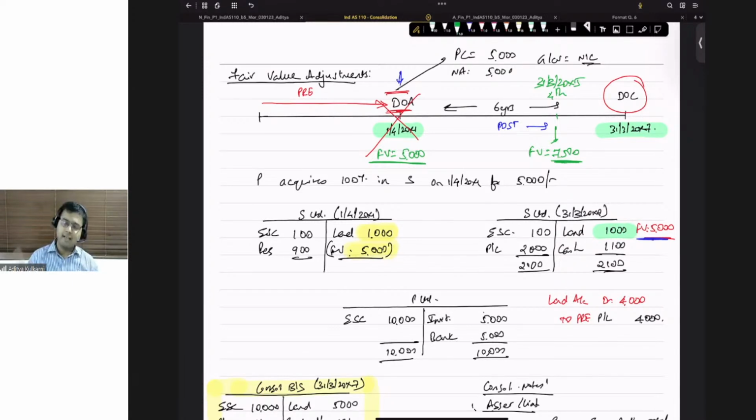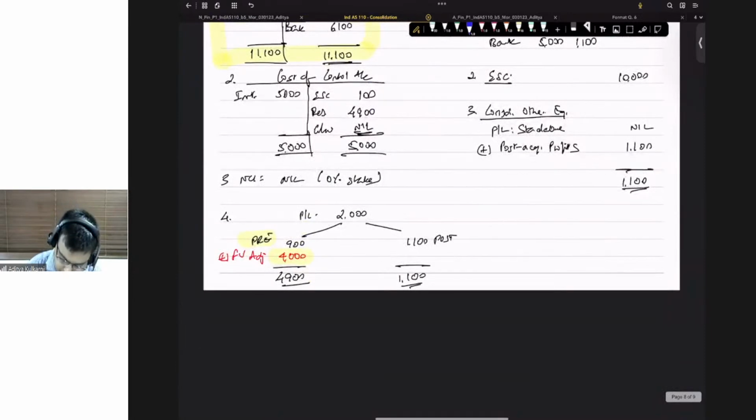Acha, suppose I have a revaluation model in place. How do I do the accounting for this 5,000 to 7,500? You will only give me the answer. This movement from 5,000 to 7,500 has happened after the date of acquisition. And because it has happened after the date of acquisition, this 2,500 will be a movement in the post-acquisition period, and therefore where will its impact come? Its impact will come here: add fair value adjustment 2,500.